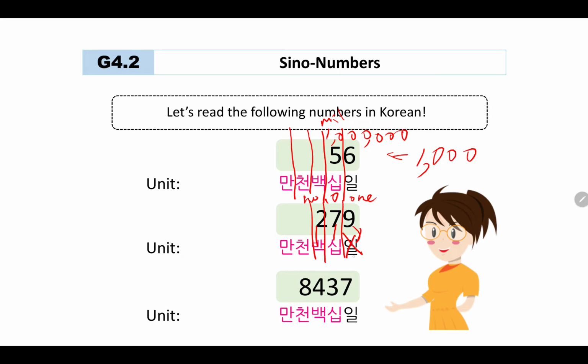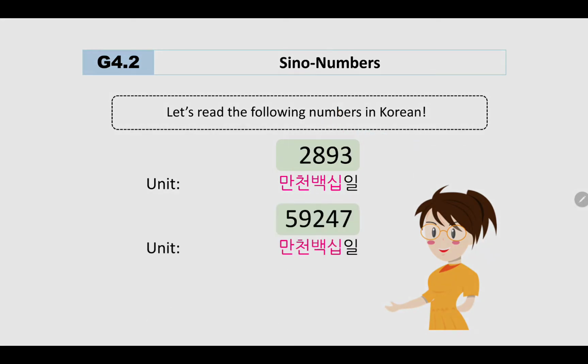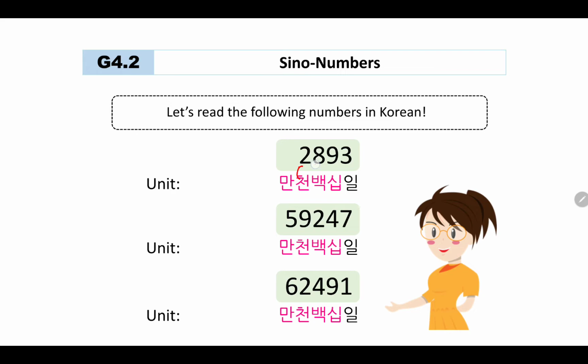But notice that for ones, you don't say 일 at the end. For this number, 8,437, you would say it like this. Okay? So we have our bigger numbers. For 2,893, you would say it like this. Don't read the ones, okay?